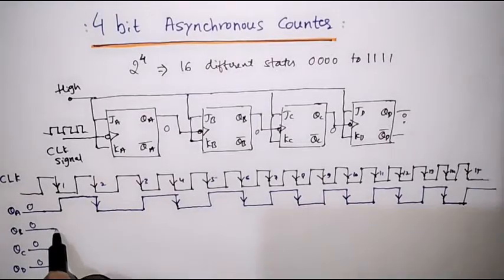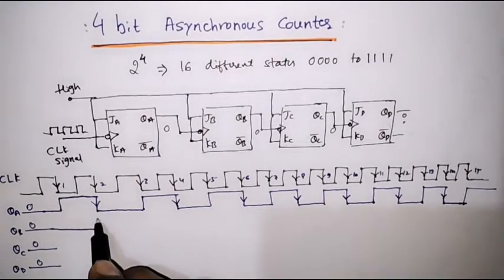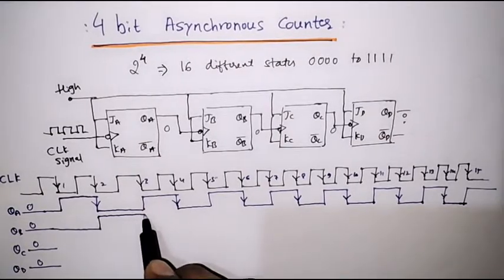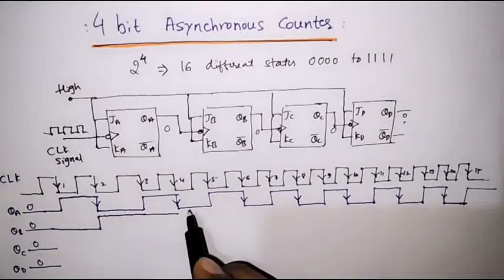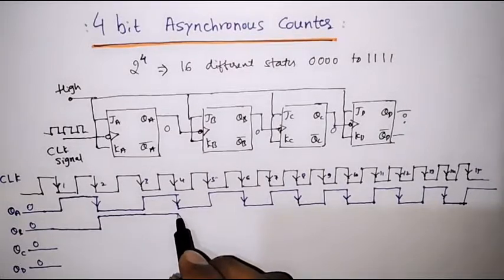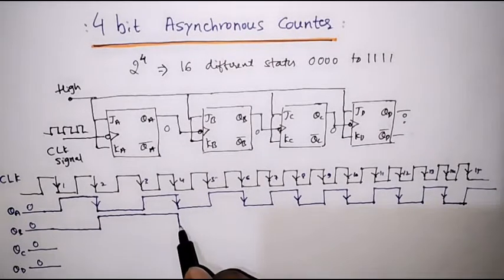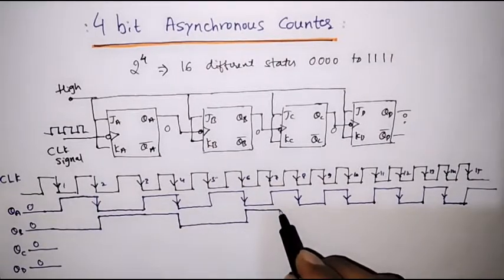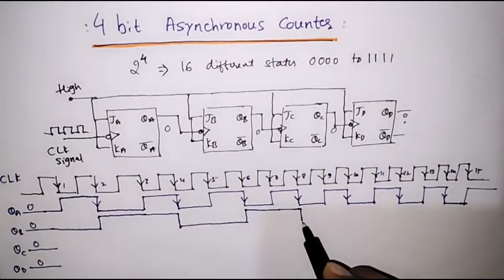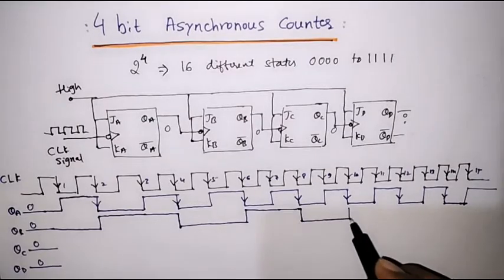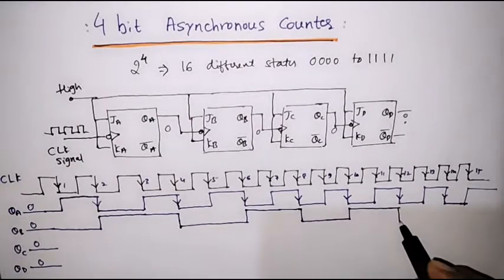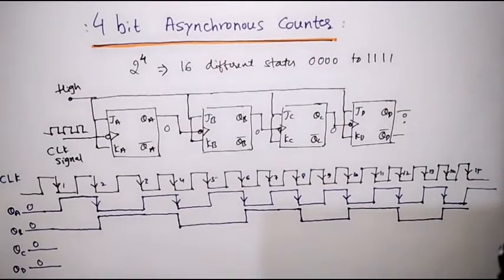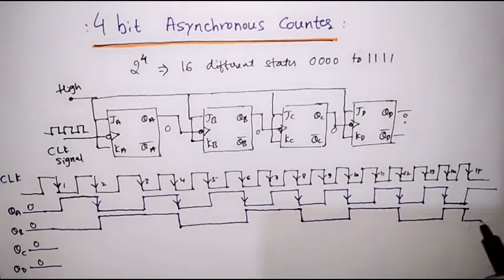When the first falling edge arrives, it will toggle and become high, and it will be high until the next falling edge. Here it will go low. Again here the flip-flop will toggle. Again here it will toggle, becomes 0. Here it becomes 1. Here it becomes 0. And here it becomes 1. Here it becomes 0, and so on.